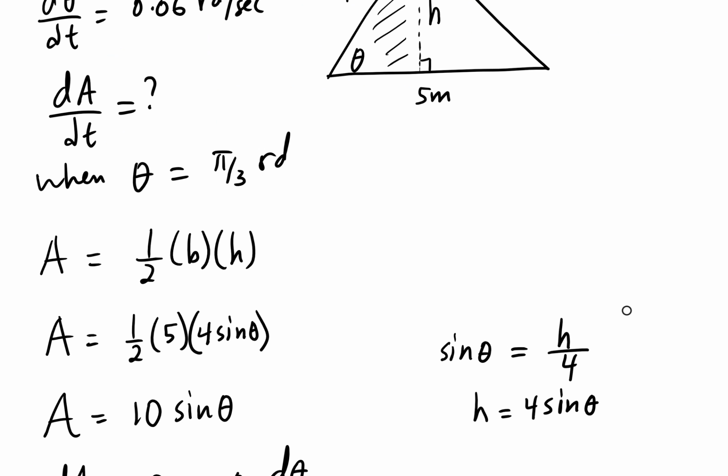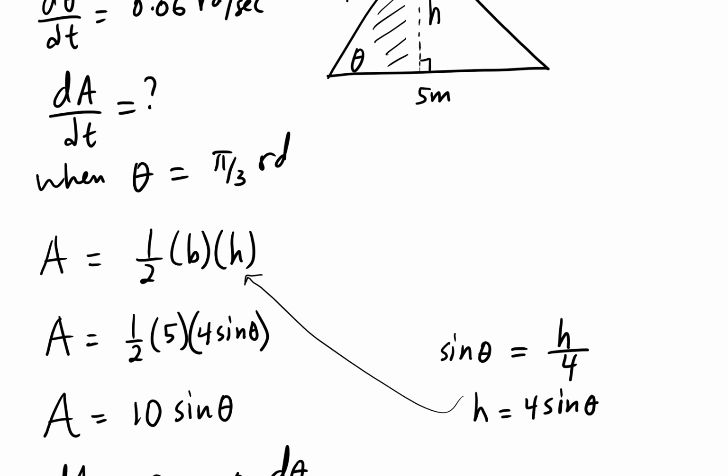Then you substitute this in to get 1/2 times 5 times 4 sine theta. That's 10 sine theta.